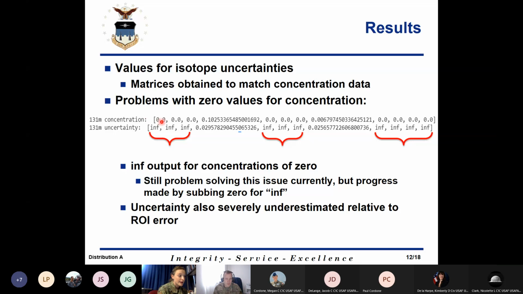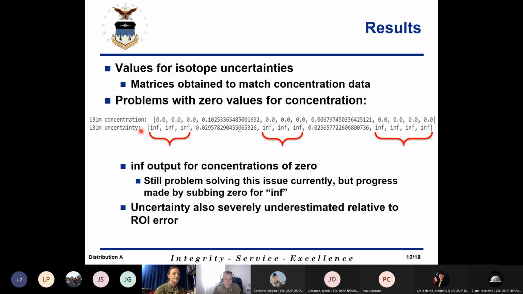The algorithm read no 131 metastable present, but then because of this number, the covariance matrix and curve fit we were using just gave us an infinity value. It couldn't compute an uncertainty, but we still know if the algorithm gives us a 0 value, there's some error associated with the fact that it read no 131M. So we're still working through that, as I mentioned, and trying to account for that.